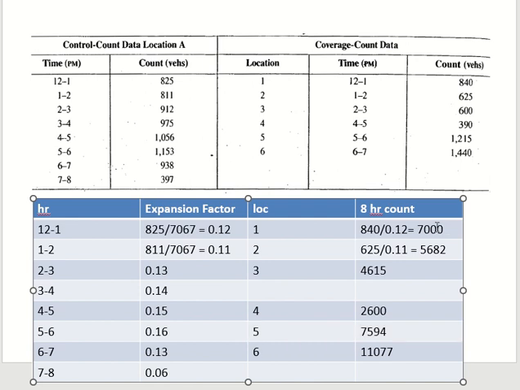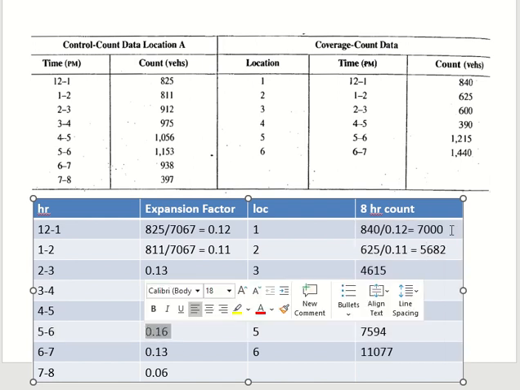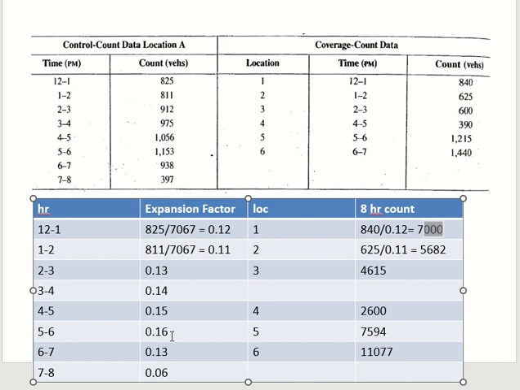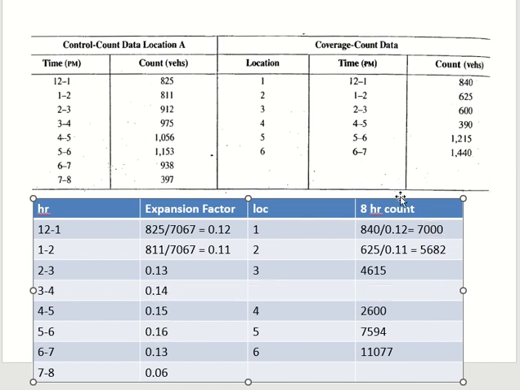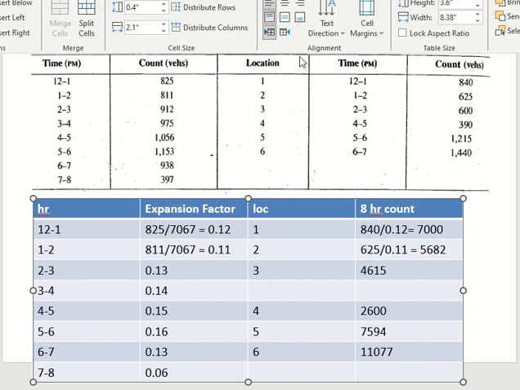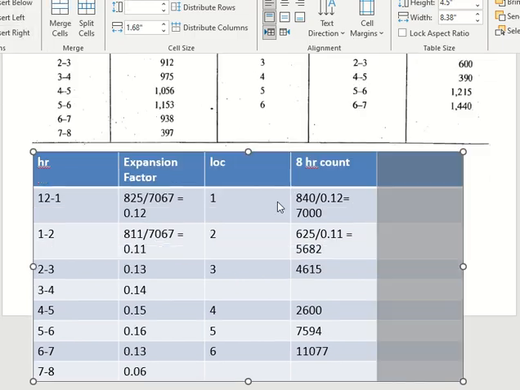Now I have the total. Remember, I've already calculated the total of the 8 hours. The peak hour carries 0.16 of the total. So I have the total and I know how much the peak hour carries of the total. Now I will multiply the expansion factor of the peak hour with the total.